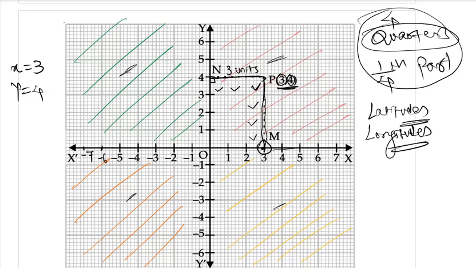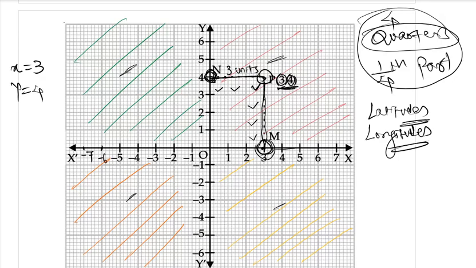And if you take this point and project it or find a horizontal line towards y-axis, where does this point meet the y-axis? At point 4. So any point, wherever it meets the x-axis and y-axis, it will show its x and y coordinates respectively. Right? So this point meets x-axis at point 3, so its x coordinate is 3. This point also meets y-axis at point 4, so its y coordinate is 4.